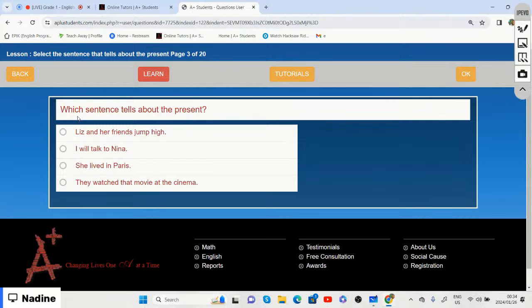Liz and her friends jump high. I will talk to Nina. She lived in Paris, and they watched that movie in the cinema, which means that we're going to go with the first option. Just Liz and her friends jump high.